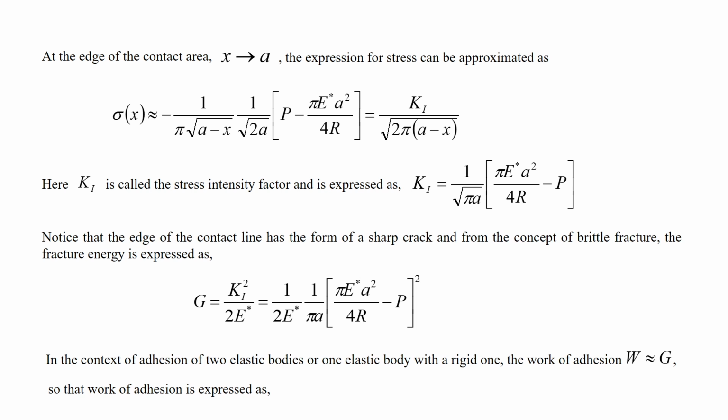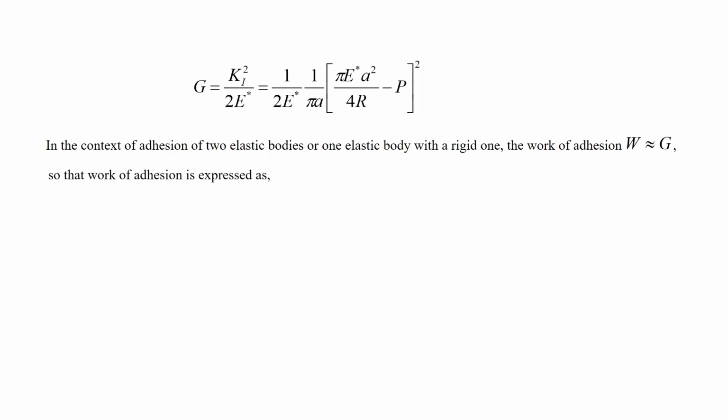So, here, as I said, the work of adhesion W will be equal to G. So, this G can now be expressed as this work of adhesion W A, which can be expressed like that.